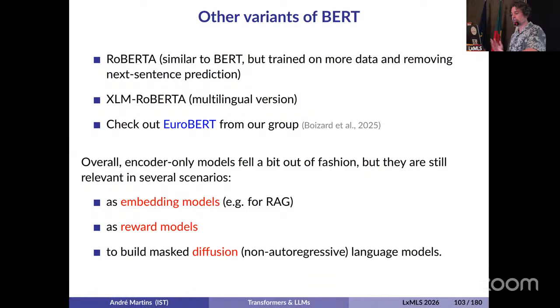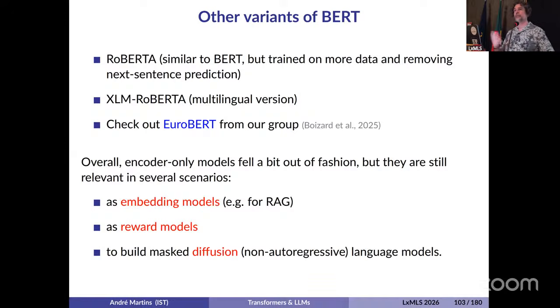But overall, to summarize this part, encoder-only models fell a bit out of fashion because decoder-only models ended up prevailing, but they are still relevant in several scenarios. For example, they are quite relevant as embedding models.